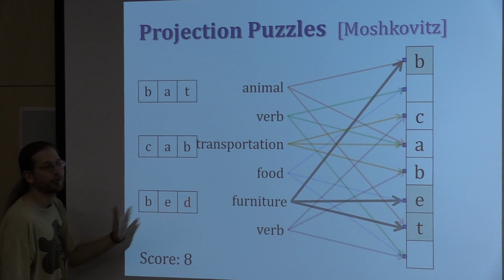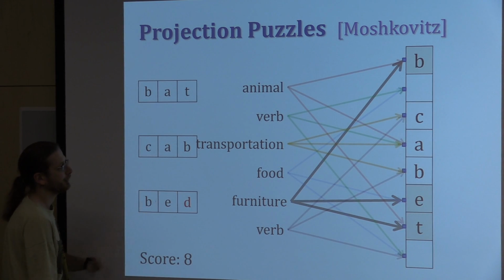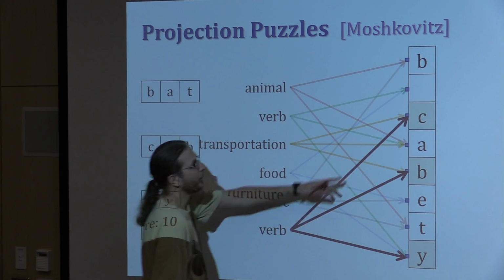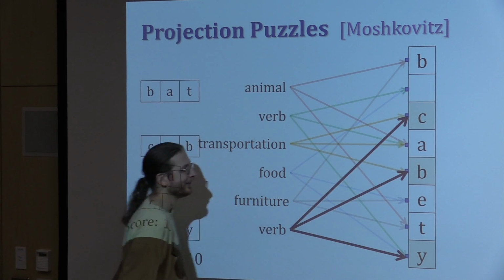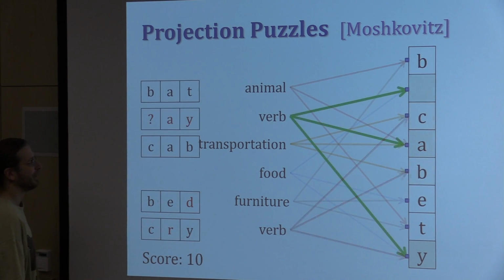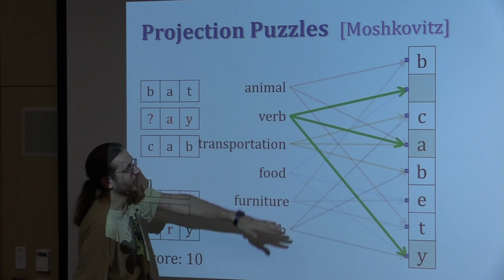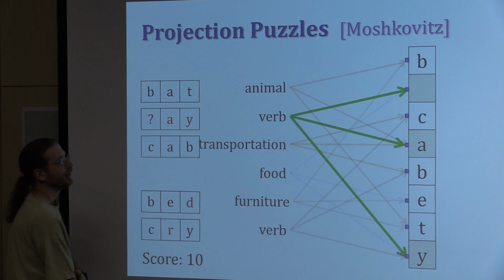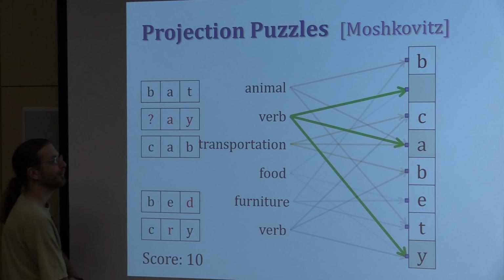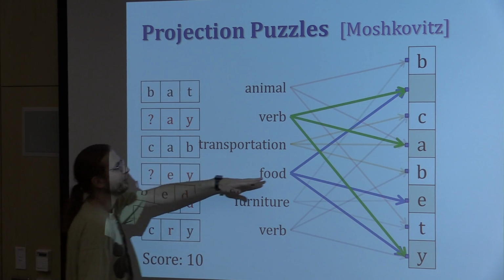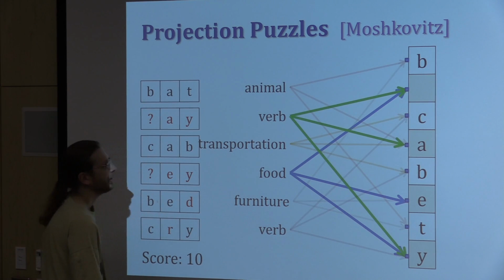Okay, this is for the maximization problem. Minimization would be different. Here's a verb where we almost get cry, C-B-Y, so we get 2 more points. Here is another, we want a verb, blank, A-Y. There are multiple such verbs. You can think of them. And on the other hand, we have a food, which is supposed to be blank, E-Y.